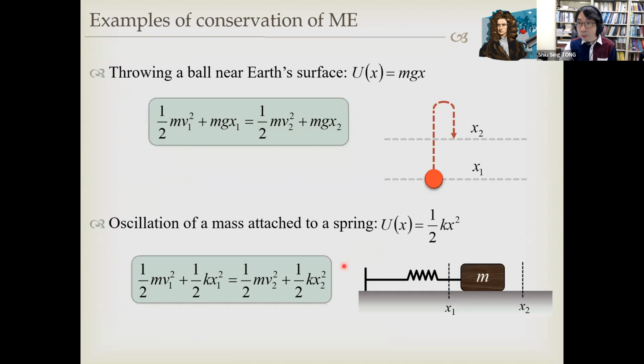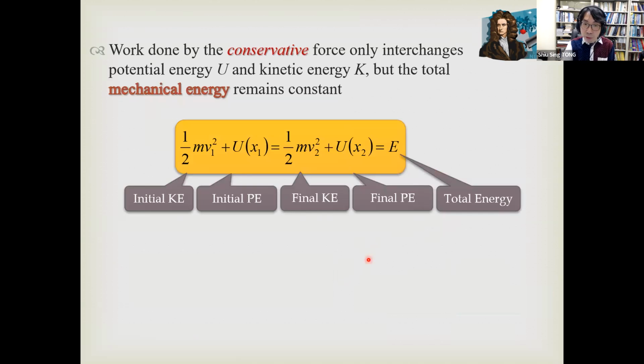This formula is general because it applies to all conservative forces. So when we come up with a problem that involves a conservative force, we may use the expression of U in that problem to help us describe the dynamics of the problem.